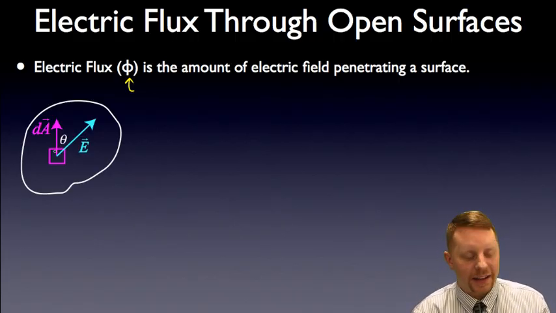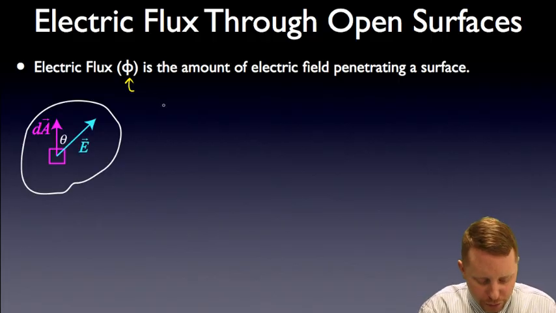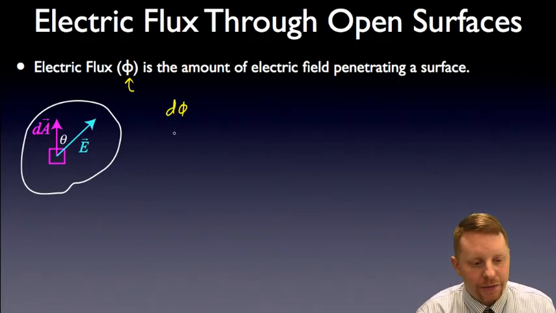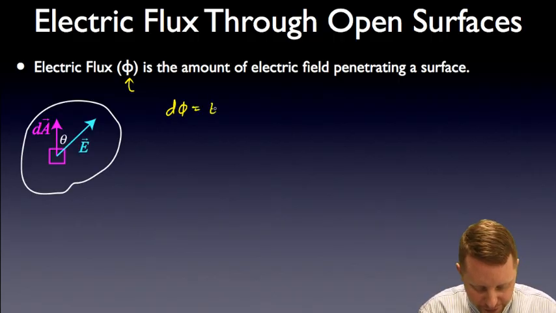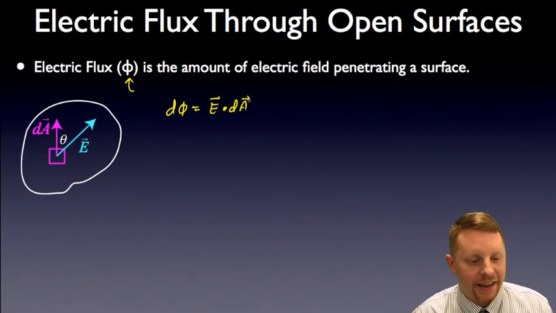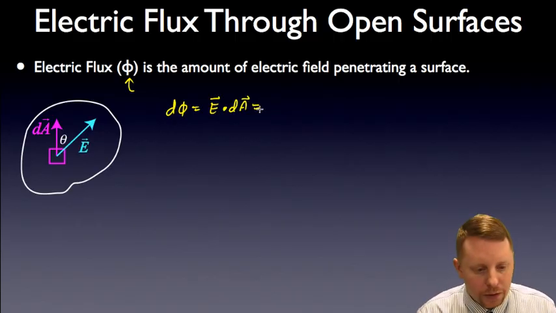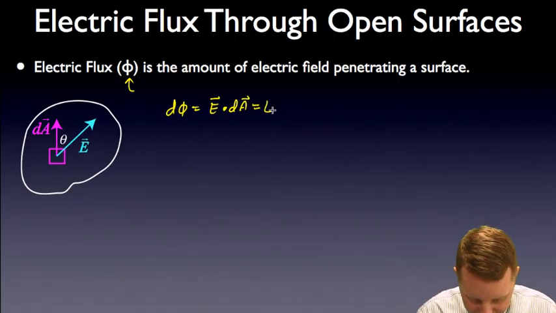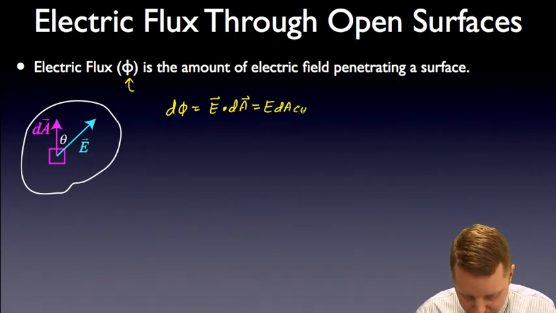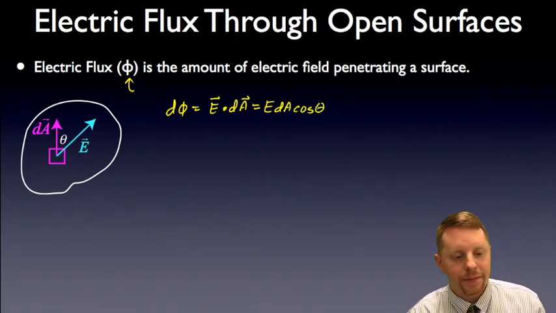So the little bit of flux going through there, d phi, the differential of flux, is equal to the electric field dotted with dA, or E times dA times the cosine of the angle between them, theta.